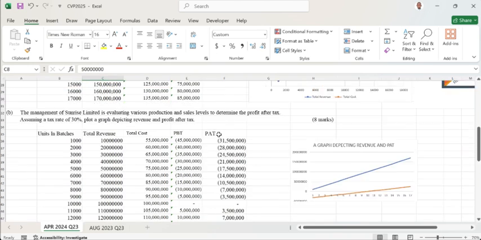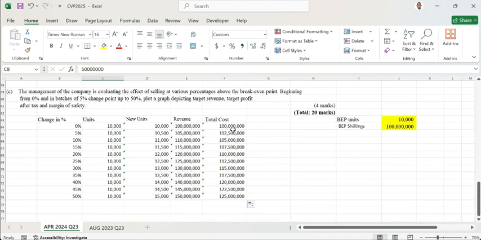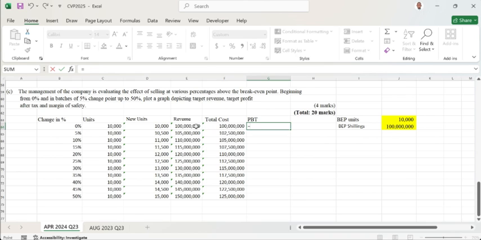Why is this formula misbehaving? Oh, are you seeing where I messed? Where I messed is this. I didn't lock C7.